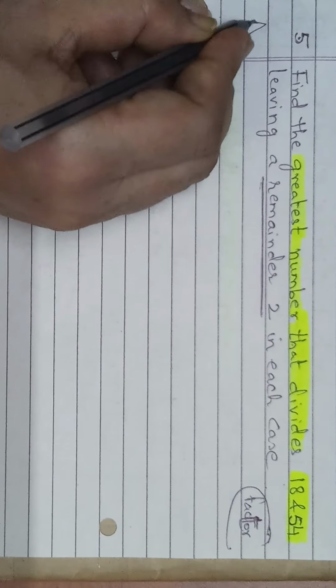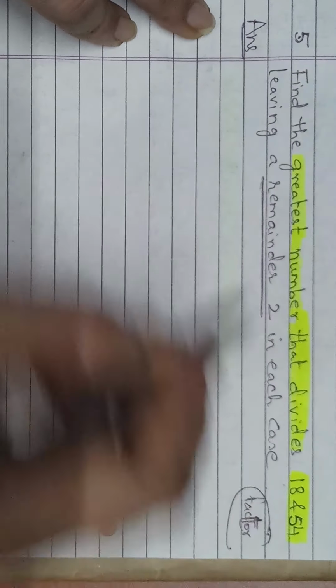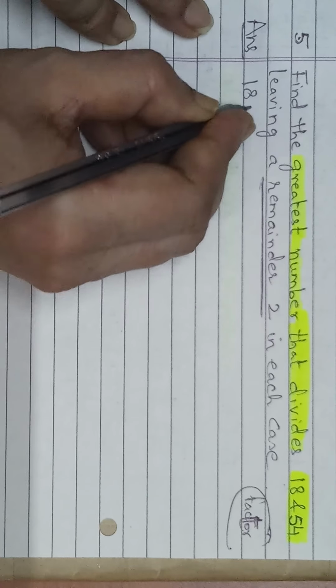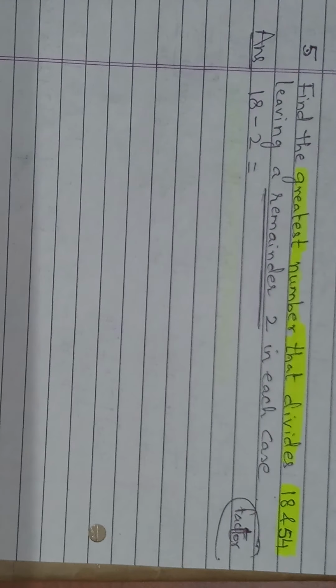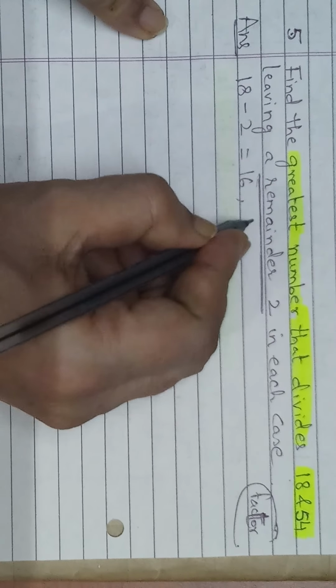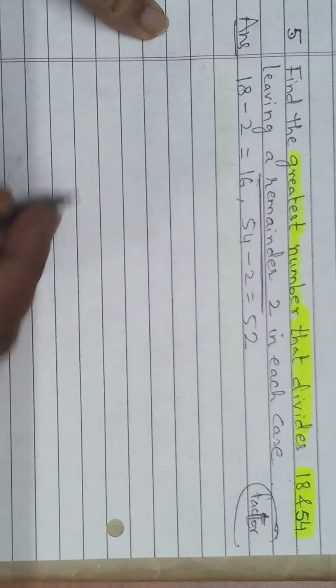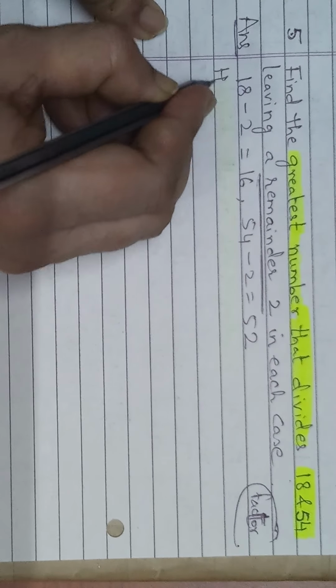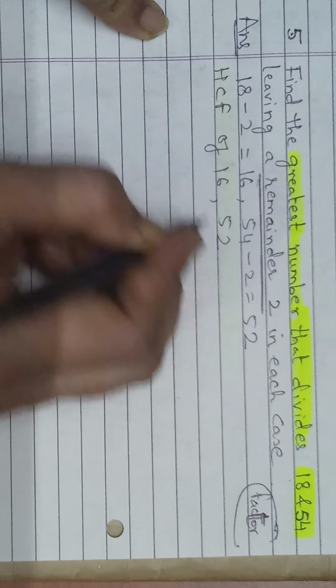So in this case, we are going to subtract 2 from these numbers first. So 18 minus 2 becomes 16, and 54 minus 2 becomes 52. And now we are going to find out HCF of 16 and 52.